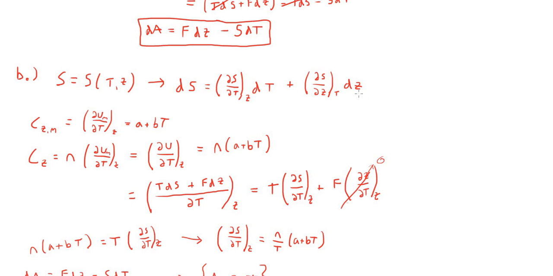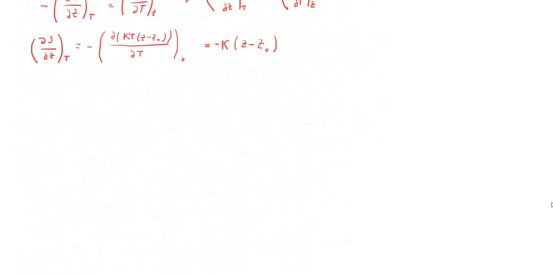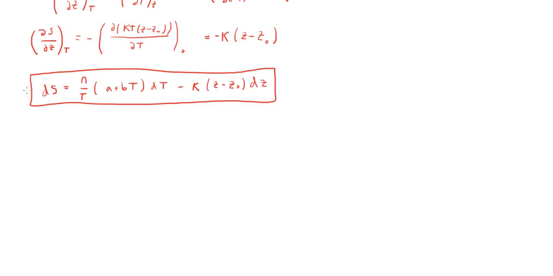We already solved for this and we solved for that. So now all we have are constants and the differential of temperature and length. We can plug that in and get our final expression for ds. So this is our final answer for part B.